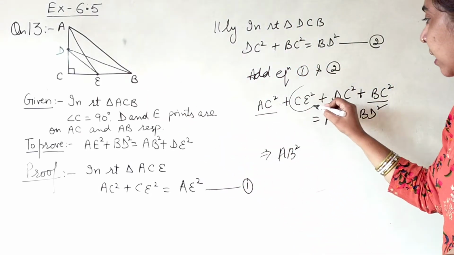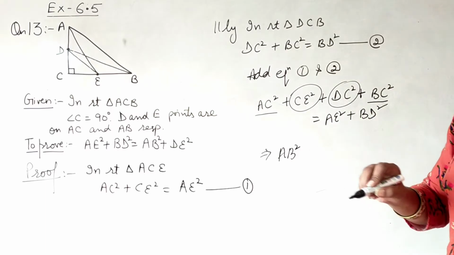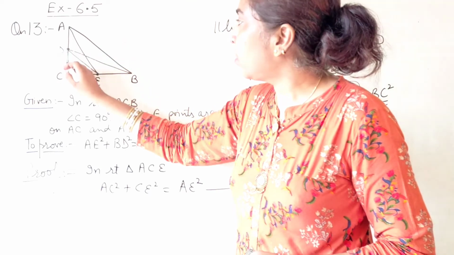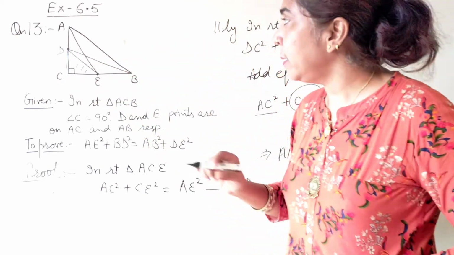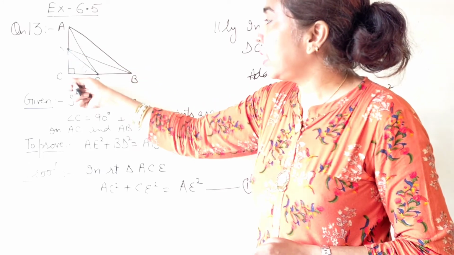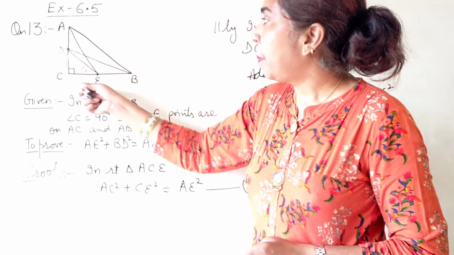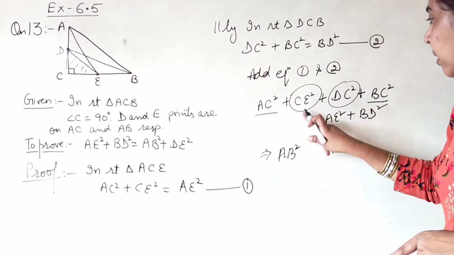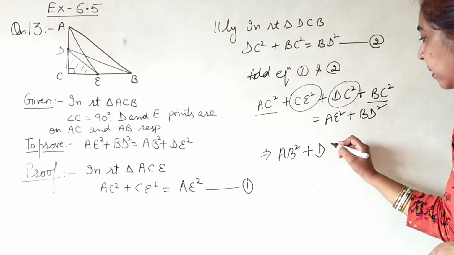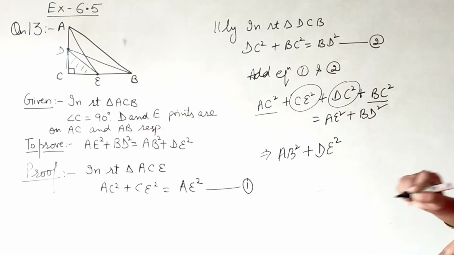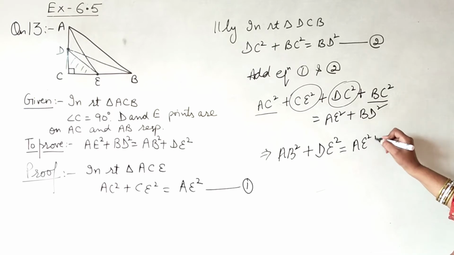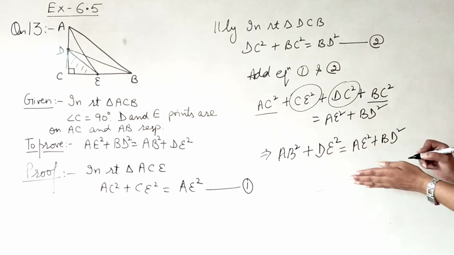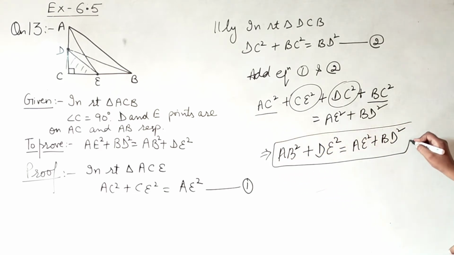Similarly, look at CE square and DC square in this tiny right triangle DCE: DC square plus CE square is equal to DE square. So in spite of writing this, I can write DE square. And this is equal to AE square plus BD square. So now this result changes to this one, and this is what we have to prove.